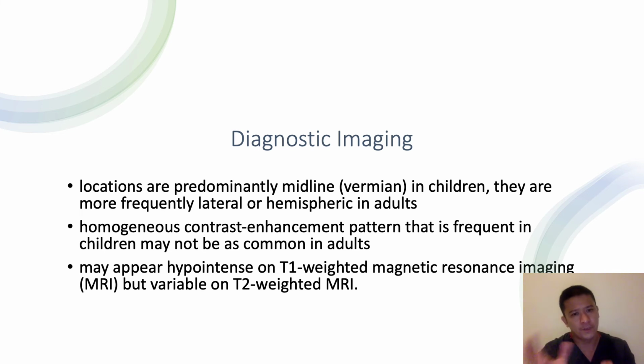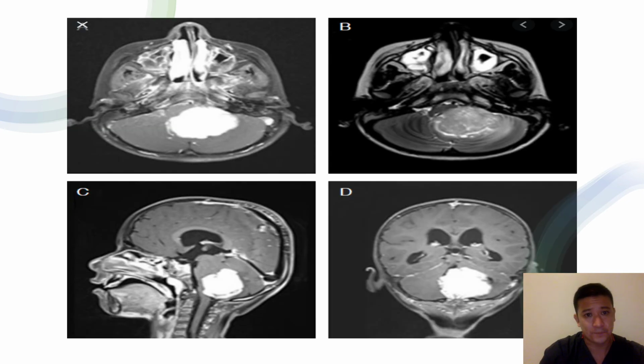So it just uniformly enhances, is what I'm trying to say. It's more frequent in children and may not be as common in adults. It may appear hypointense on T1 weighted MRI, but it's variable on T2 weighted MRI. This is if it's not contrast enhanced.